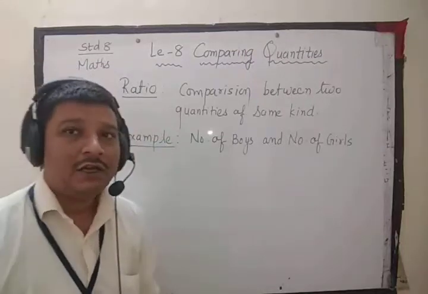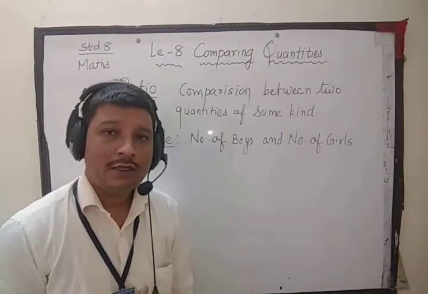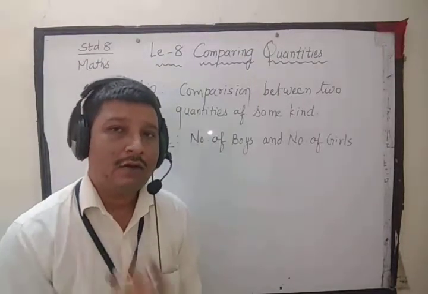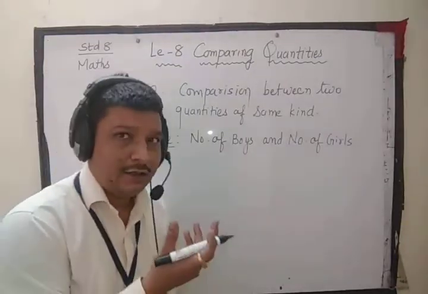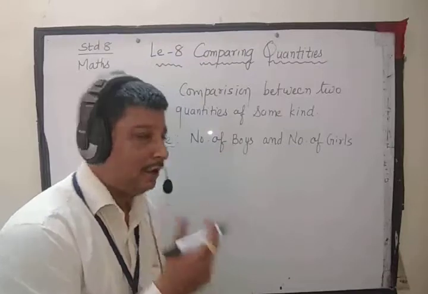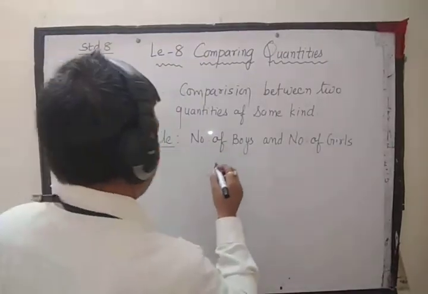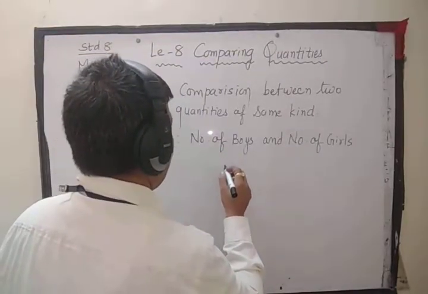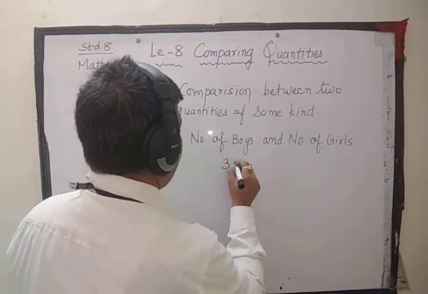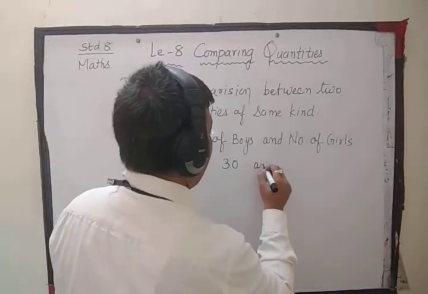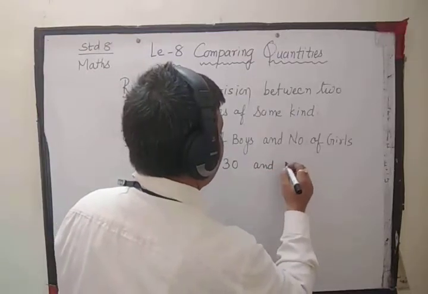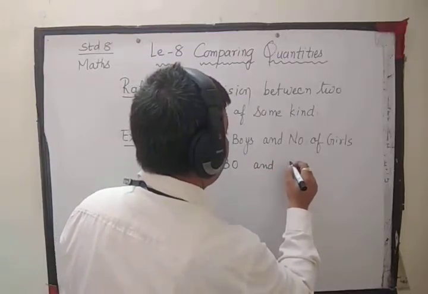What is the ratio of number of boys to number of girls in your classroom? First we need the figure, the number of boys. Suppose the number of boys in your classroom is 30, and number of girls is how much? 15.